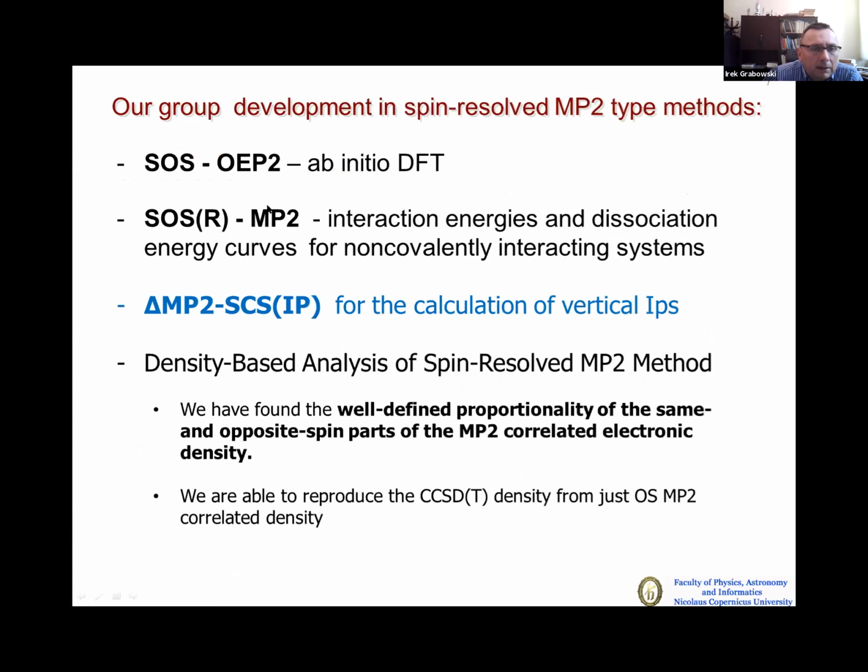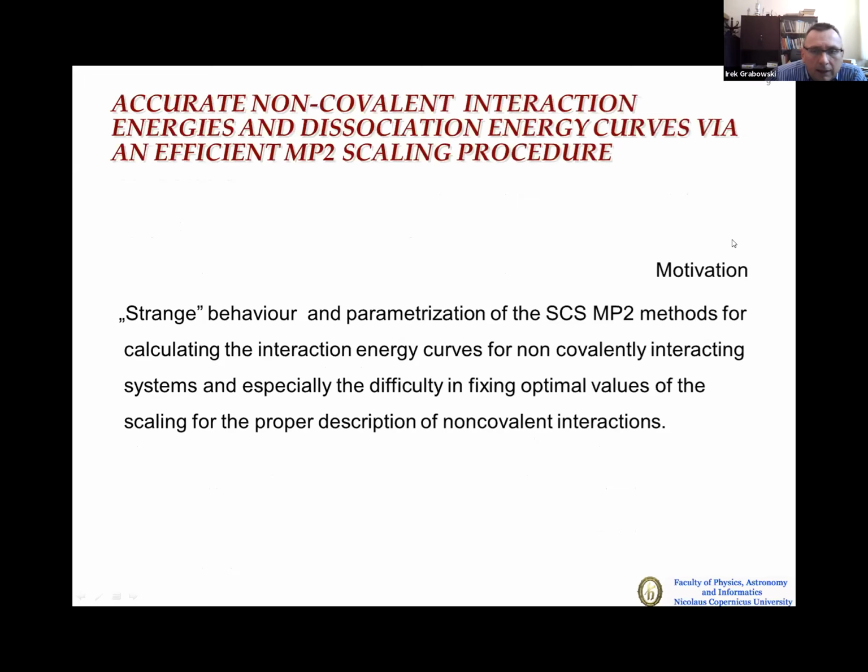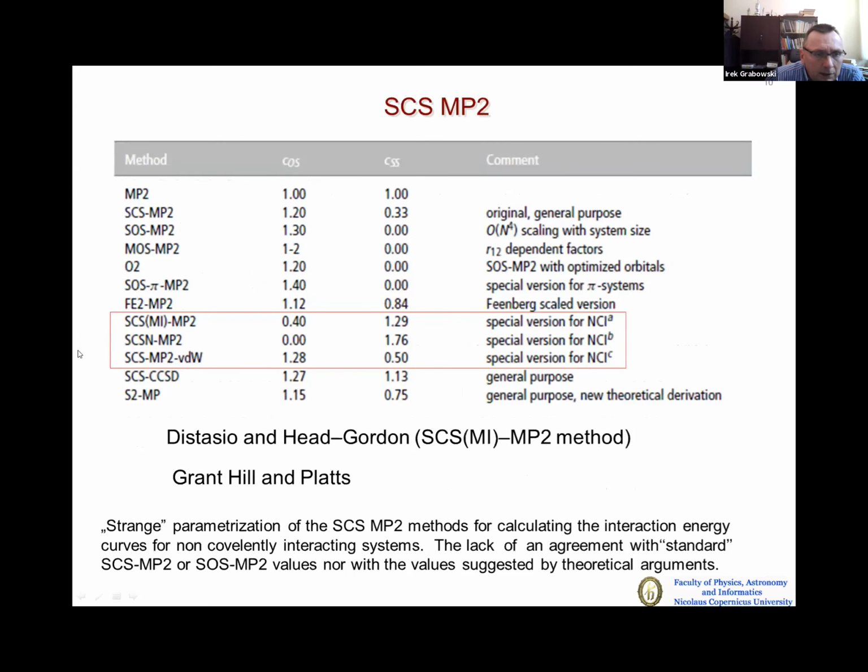The second approach was to calculate interaction energies and dissociation energy curves for non-covalently interacting systems. Our motivation was actually this table, the very strange behavior of the parametrization of the spin component scaled MP2 method. As you can see, this is the most popular parametrization for calculating interaction energies for non-covalently interacting systems, and it was proposed by the Head-Gordon group.